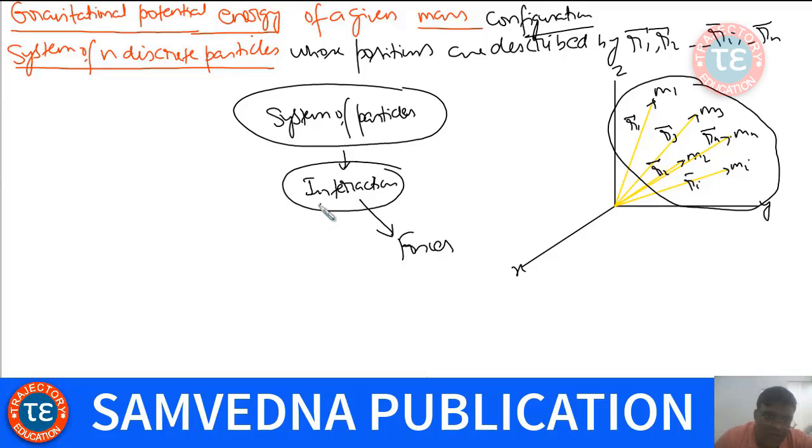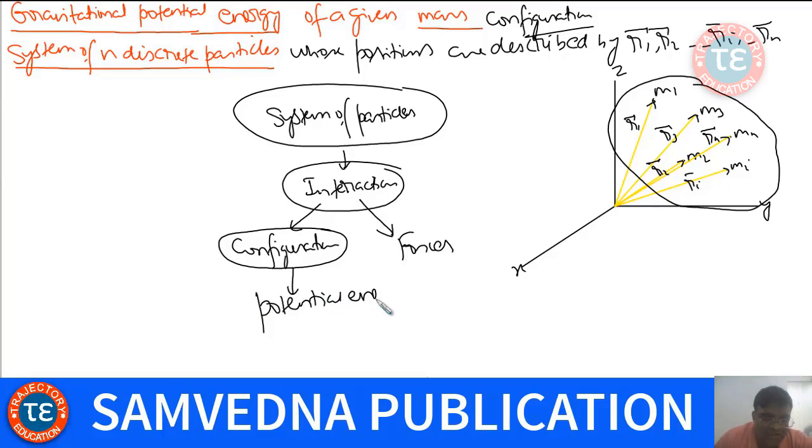And there is one more thing which comes out as a result of interaction, that is configuration. And configuration is something which is characterized by potential energy. So the question here was, for what configuration can I say potential energy is 0? Then you get the answer from here. The configuration where the particles are not interacting, that will be a configuration for which we can assign 0 potential energy.